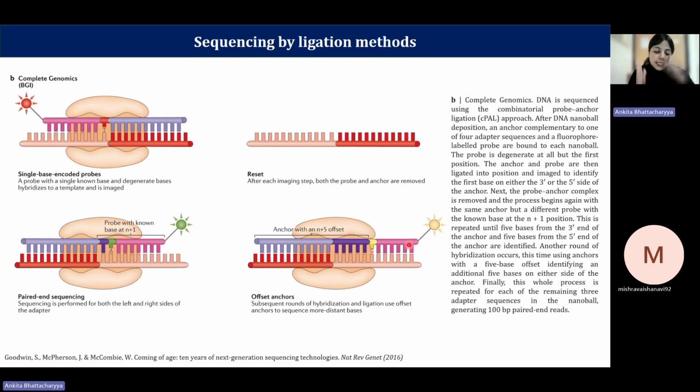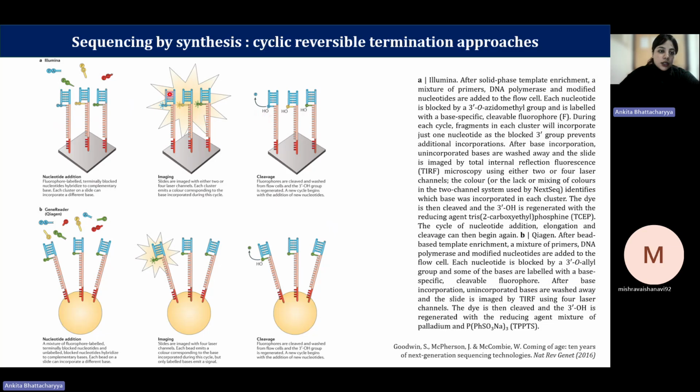So basically the strategy remains the same. For SOLiD sequencing, you had two known bases. For Complete Genomics BGI, you have one single base, a single nucleotide encoded probe, or you have paired end sequencing at both ends. So overall, this is the concept of sequencing by ligation.